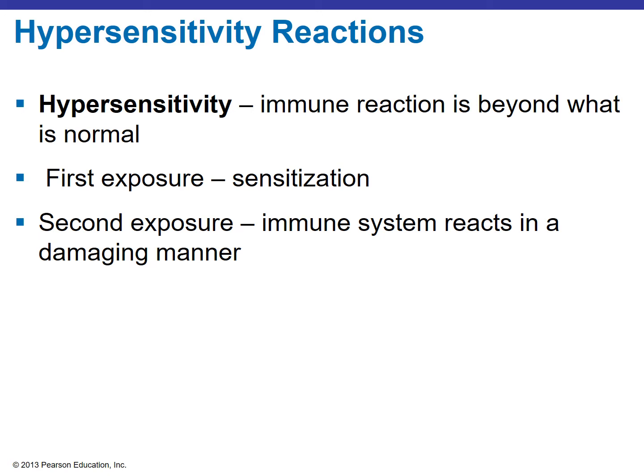For these reactions, your first exposure sensitizes you to the allergen, and then the second exposure is where your immune system reacts in a way that is not protective, that is damaging. Hypersensitivity is an immune reaction which is beyond what is normal, and that is what leads to the damage.